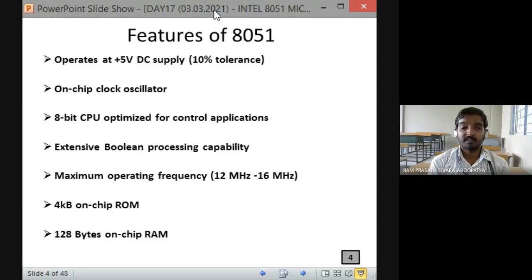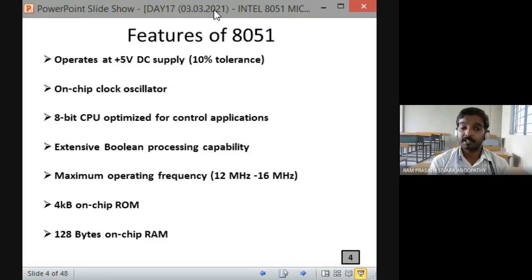It has a microcontroller, or consider your AC remote, whatever it may be. It is going to get the user input. To store that, we need some memory. That's all. For such purposes, this memory is sufficient. 128 bytes, compared to the memory we use now, is very, very small, but it is enough for a control-oriented application. In a control application, there is no use in having a lot of memory.